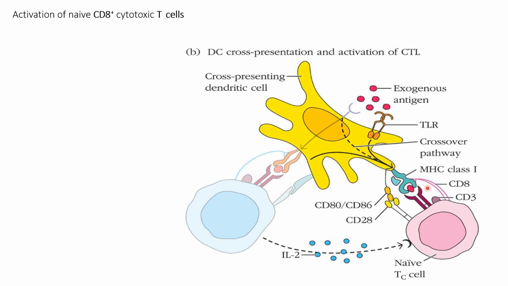So here we have CD8 recognizing MHC class 1, again CD3, which we had here, and these other co-receptors. So that's a cross-presenting dendritic cell which has been licensed. In addition, that T helper cell is giving signals, interleukin-2, which is giving a boost to activate further this T cell.